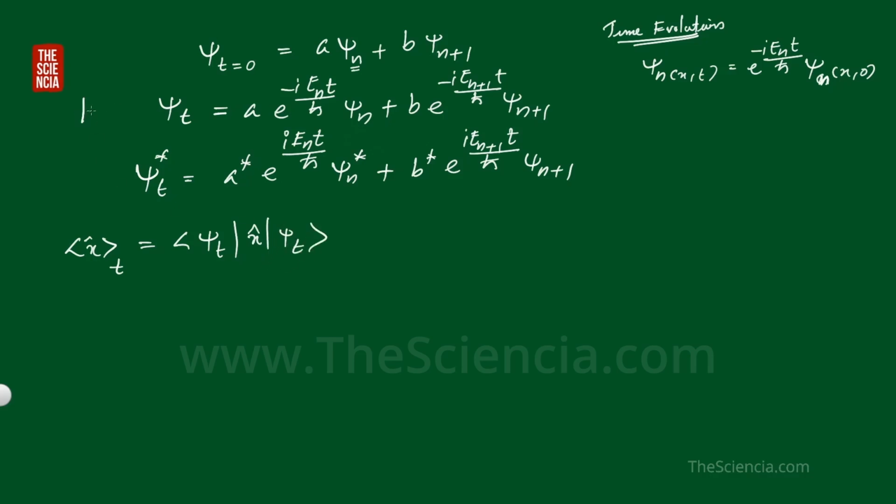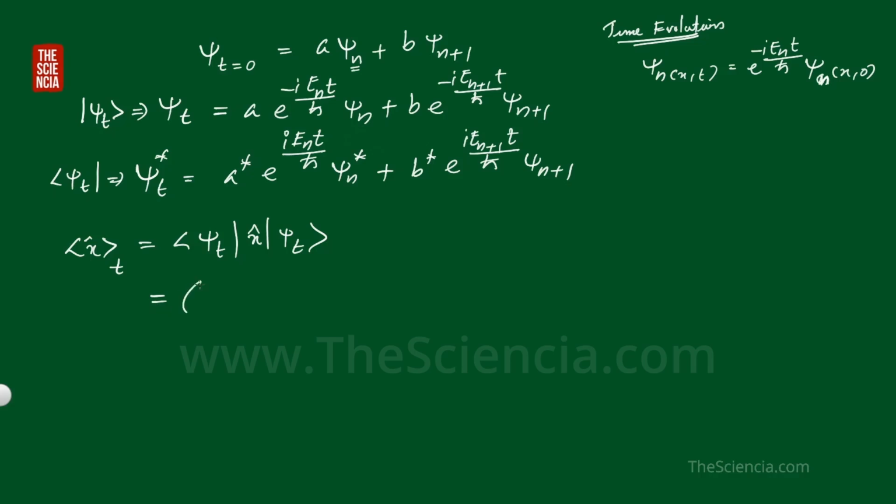This one is the ket ψ(t), and this one is the bra ψ(t). The star generally represents the bra and the other one represents the ket. So we have to substitute these terms here.